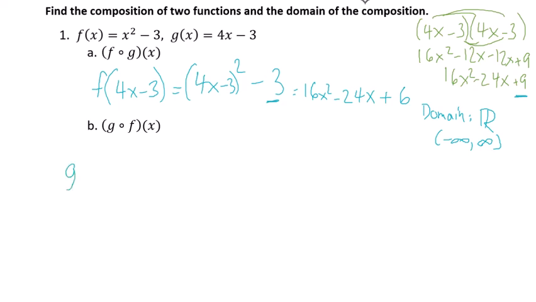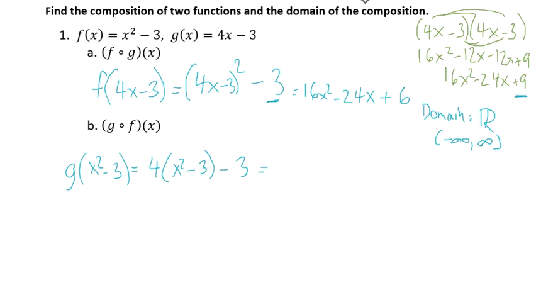So this is g of f of x, and f of x is your x squared minus 3. So this is 4 times your x, which is x squared minus 3, minus 3.